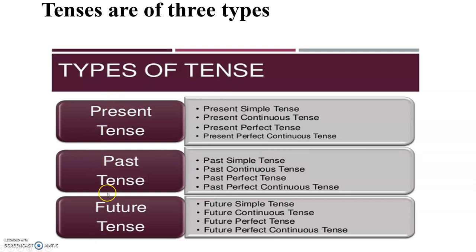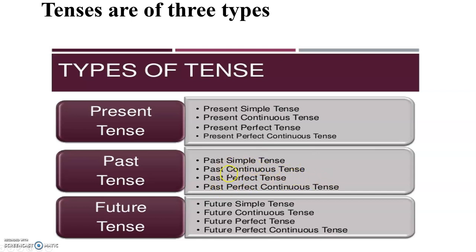And in these types, how many types are there, children? 4 types. Okay. So what are the 4 types there? You have present simple tense, present continuous tense, present perfect tense, and present perfect continuous tense. Clear? Then past simple tense, past continuous tense, past perfect tense, and past perfect continuous tense.